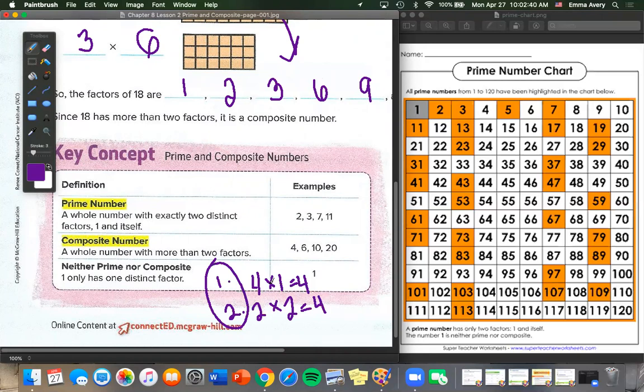And the numbers that are neither prime nor composite are 1, which is kind of all by itself, and also 0. They're just different kinds of numbers. So let's go on to the next page.